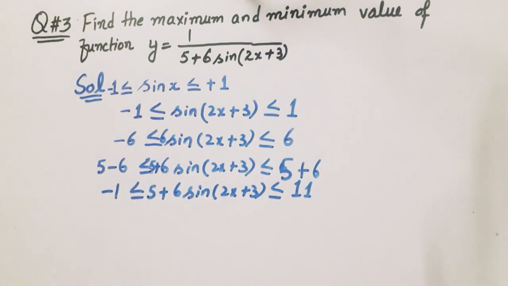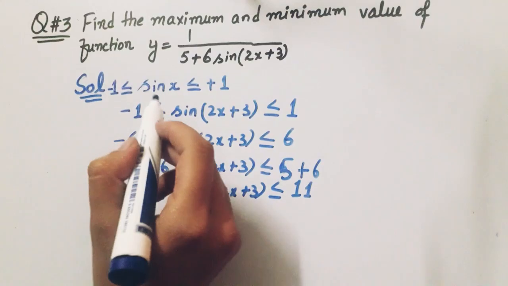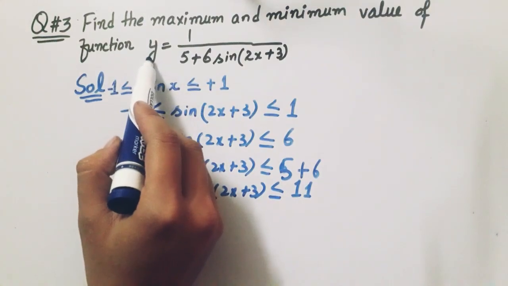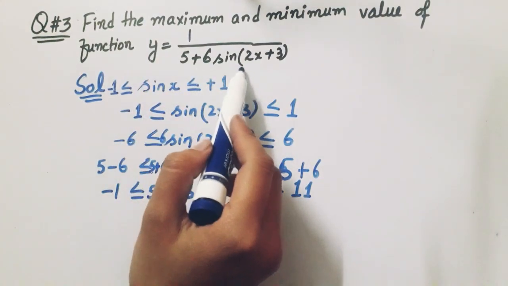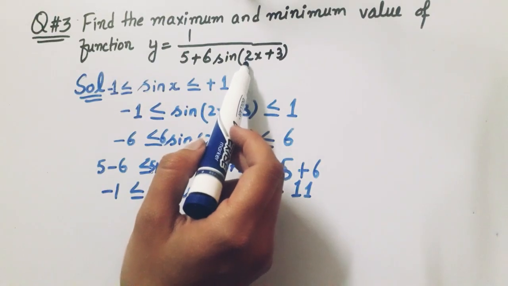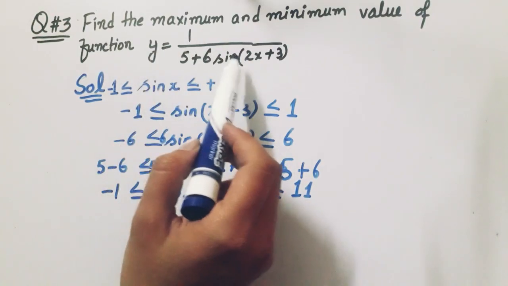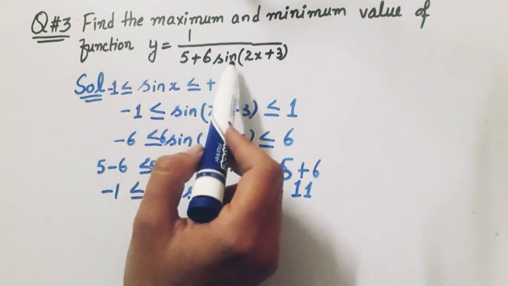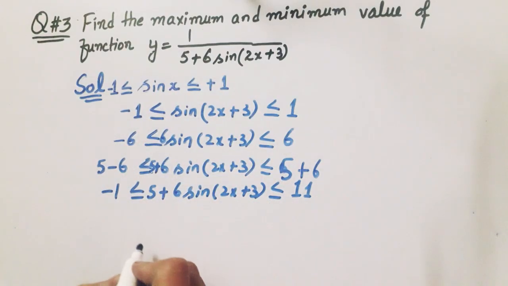So now you find the range of y. You see in the question that y and x are inversely related. So when x is maximum, y is minimum, and when x is minimum, y is maximum.